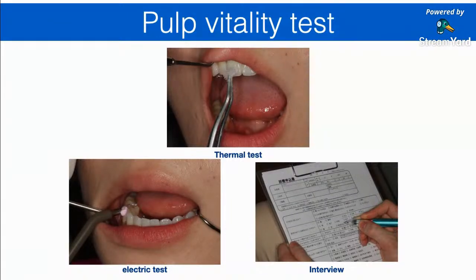And about the pulp vitality test, we do multiple tests, like a thermal test and an electric test, and sometimes an interview as well.